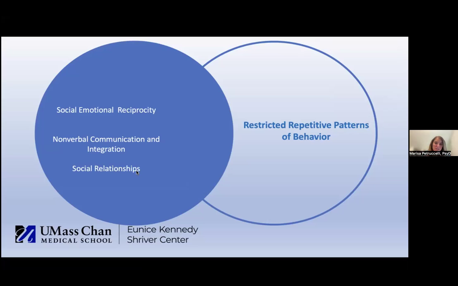And social relationships, broadly speaking, encompassing peer interaction, social relationships as you get older, or other kinds of relationships, as well as play and interest, and the ability to also shift the social context and understand that change in behavior in different contexts.